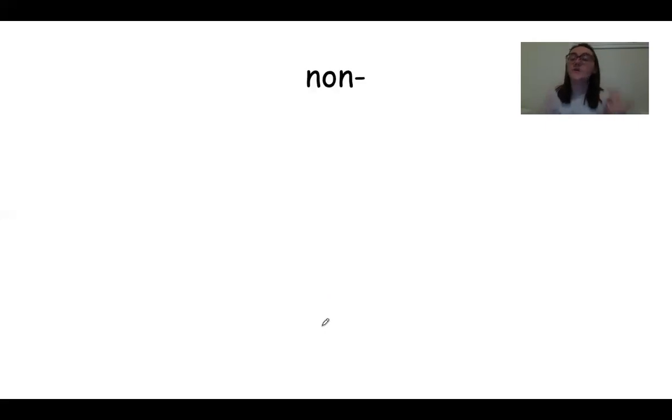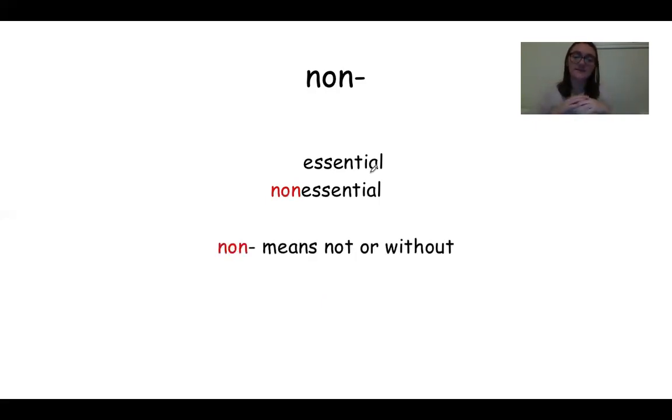So the other one that we could talk about is non. So the two words I have is essential, right? That means like necessary. It means that it's needed really bad. Non-essential is not or without. So when the pandemic happened, all of you were considered essential workers. You're people that if you don't come to work, nothing gets done, that type of thing.